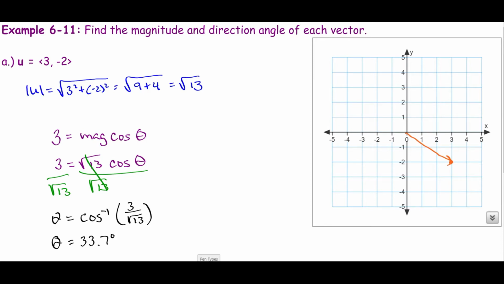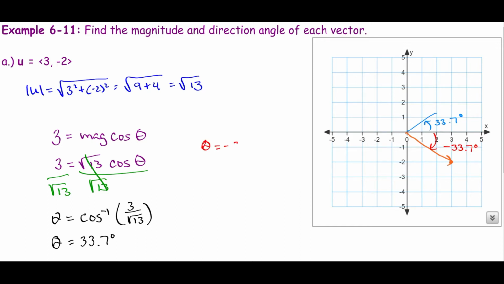So a rotation of 33.7 degrees would be up here, and obviously that's not where my vector is. So what we have to remember is that the cosine of an angle and the cosine of the negative of that angle are the same. So what we can use instead for this angle is negative 33.7 degrees.